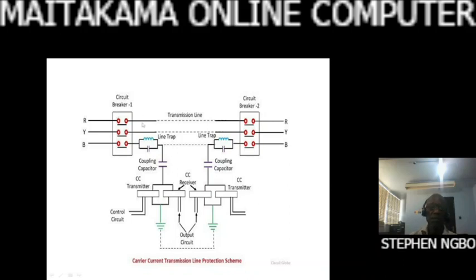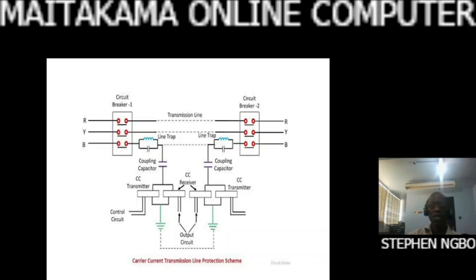In fact, the parameters on station 1 can be monitored through this telemetry, through this carrier current protection scheme. So megawatts, which is real power, apparent power, then the reactive power, which is the MVAr, then the current and the voltage can be metered from a very far station through this scheme.